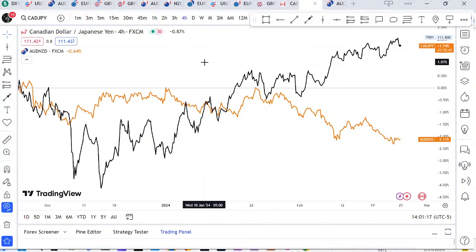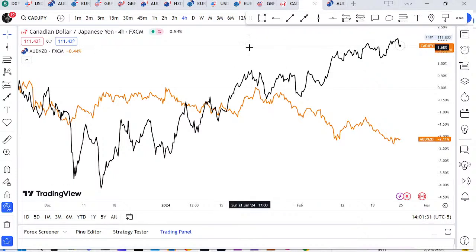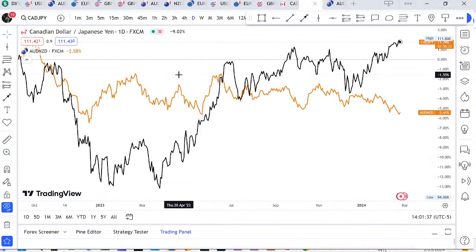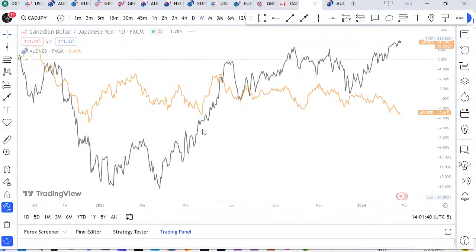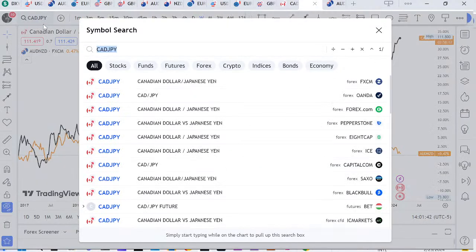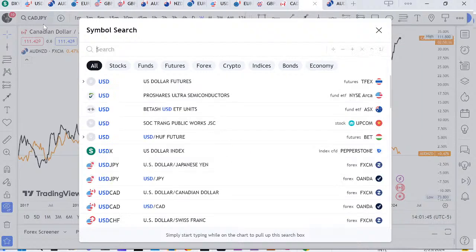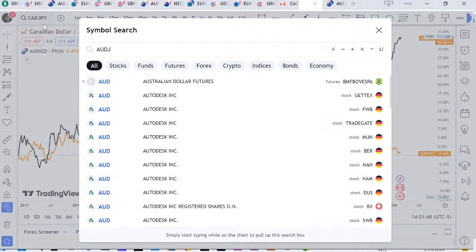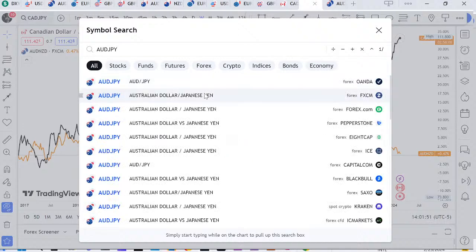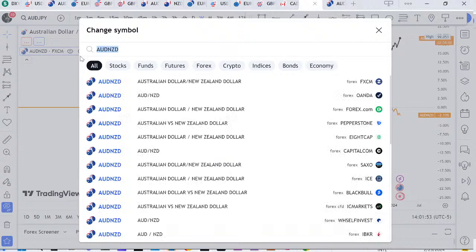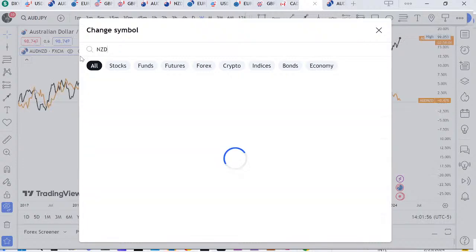We are not going to be using neutral in our trading. We are going to be using mainly the positive correlated pairs, the ones that move together, like AUD JPY and NZD JPY.